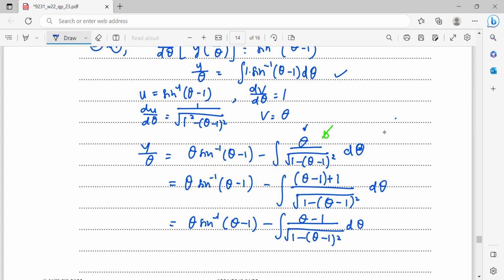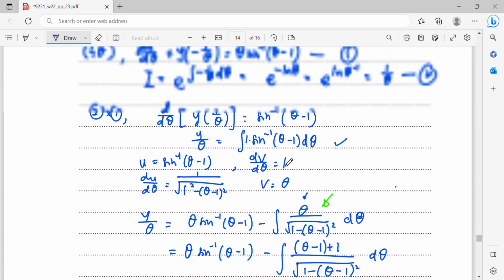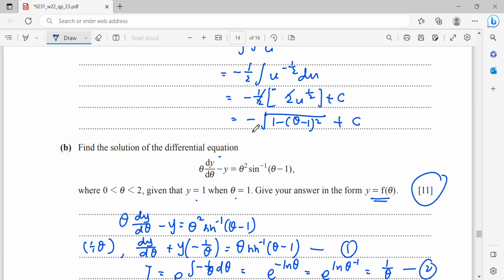Then minus 1 over the square root. Here you will get the final answer. This integration you can copy from the previous part, which is negative of the square root of 1 minus theta minus 1 squared.